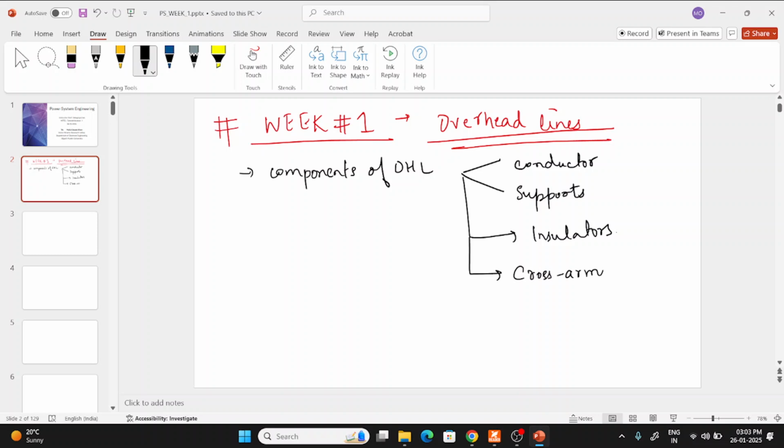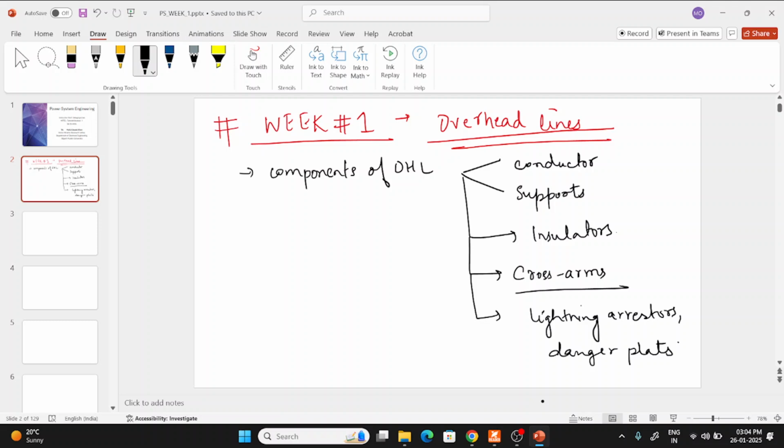What they do here, they provide the support to the insulators. Then there are various plates like lightning arresters, and danger plates, sign plates like this. They are the components of an overhead line.